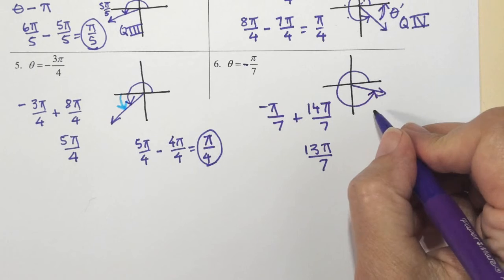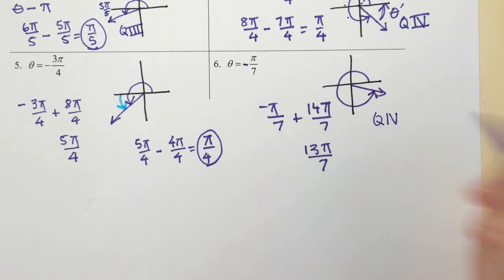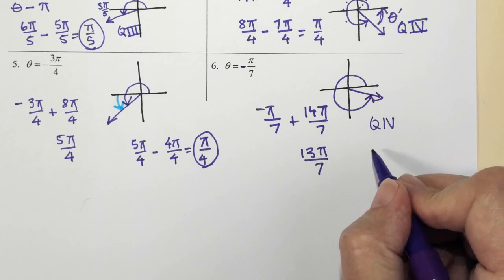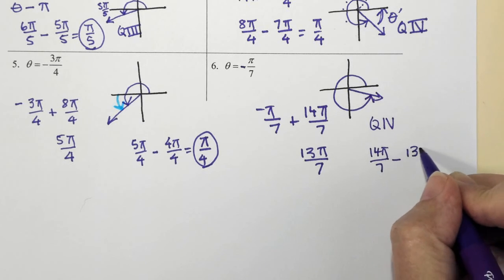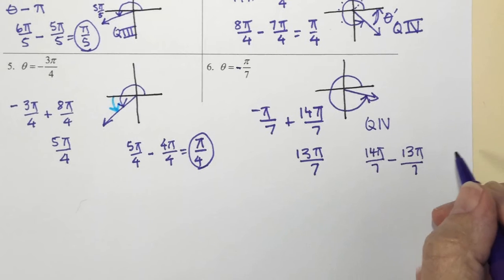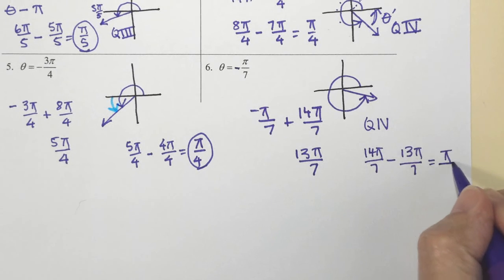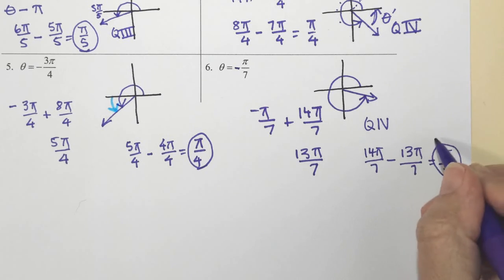So this is in quadrant 4. So I take my 2 pi and subtract my 13 pi and get pi over 7 for theta prime.